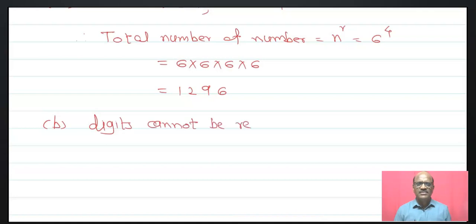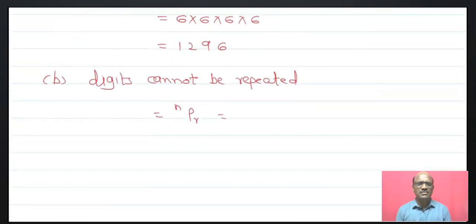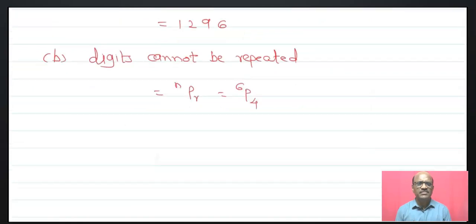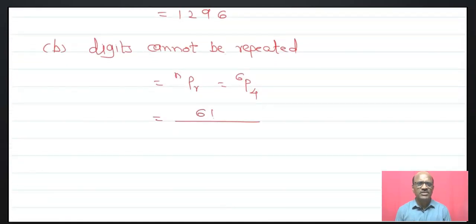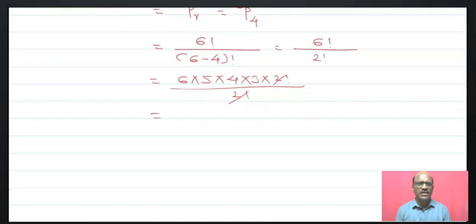Now next, the digits cannot be repeated. Then it is nPr, that is 6P4, that is equal to 6 factorial upon (6 minus 4) factorial, 6 factorial upon 2 factorial, that is 6 into 5 into 4 into 3 into 2 upon 2 factorial, and their multiplication.